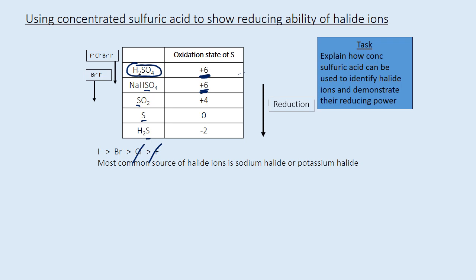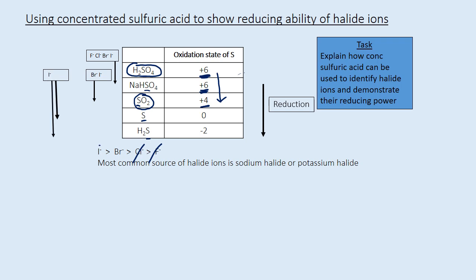However, with bromide and iodide, they can reduce sulfuric acid to make SO2. Sulfur's gone from +6 to +4 in that situation. And that's where it stops for bromide. Bromide can't reduce the sulfuric acid anymore, but it can reduce it to make SO2.